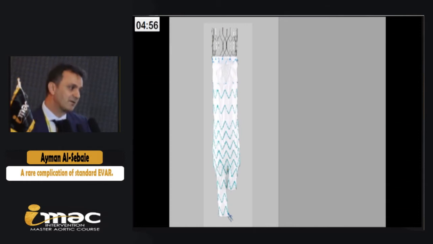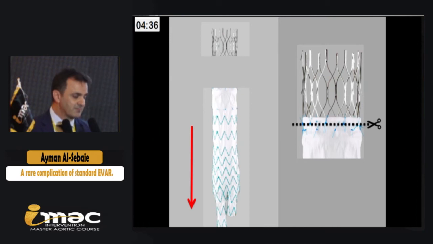And what has happened? This is how the main body of the graft is built. The bare metal stent is fixed on the graft by sutures. This is how they make this suprarenal fixation. And what happened is that this suture, with time, got eroded through the graft material, and the device moves down and gets separated from the bare metal fixation stent.